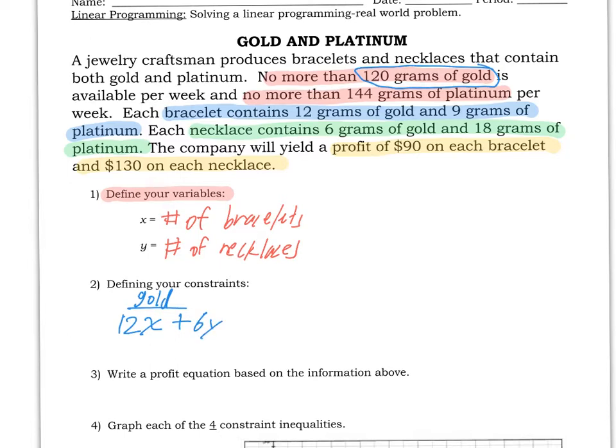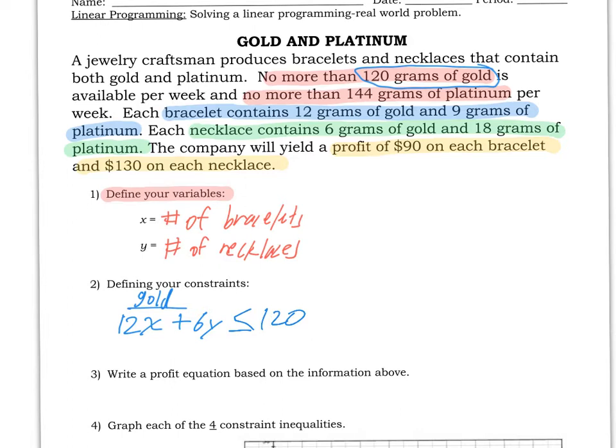The gold from bracelets, 12x, plus the gold from necklaces, 6y, is all the gold combined, and that of course needs to be no more than 120, so it's less than or equal to 120.